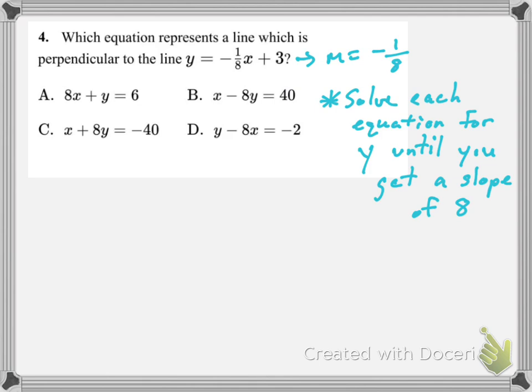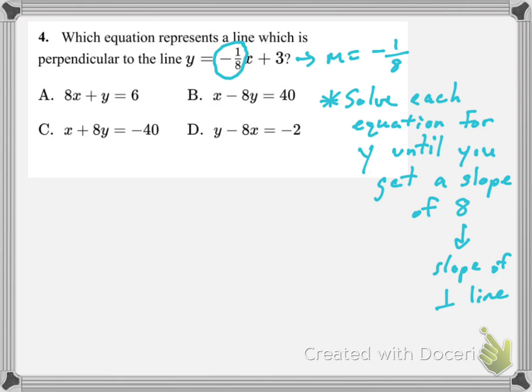Well, the slope of the given line is negative 1/8, so 8 is the slope of the perpendicular line. So we want to take each choice, solve for x or solve for y, and see which line has a slope of positive 8.